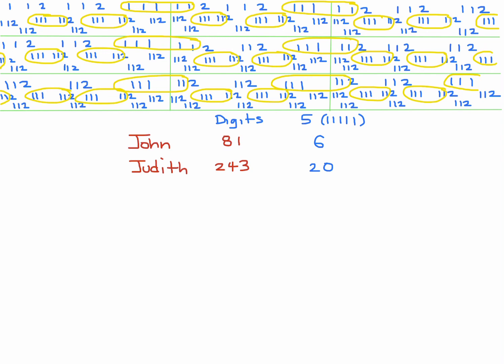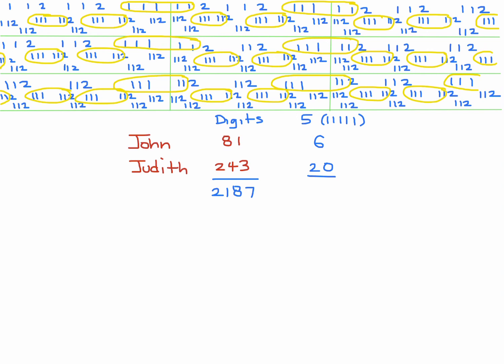All right, so at this point, what I did is I said, well, Judith's first 243 digits are the exact same as John's. Judith's first 2,187 digits are going to be the same as John's. So if we have 20 in 243, then perhaps it will be the same in terms of a ratio for 2,187.